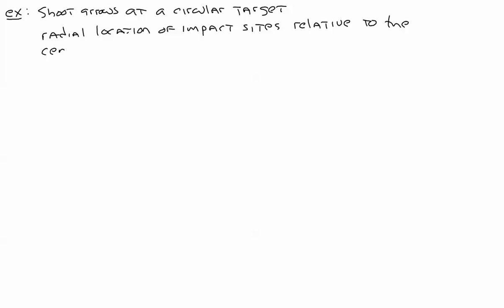The radial distance of the impact sites relative to the center of the target is a Rayleigh random variable.